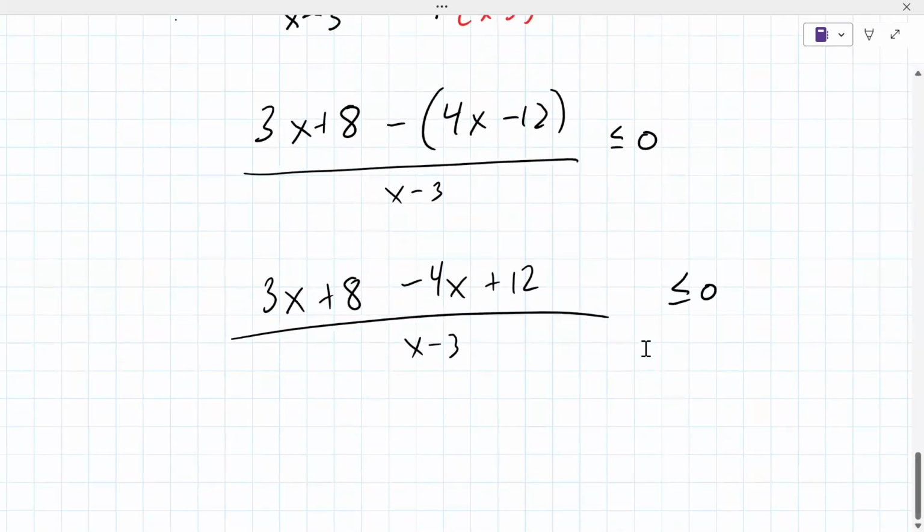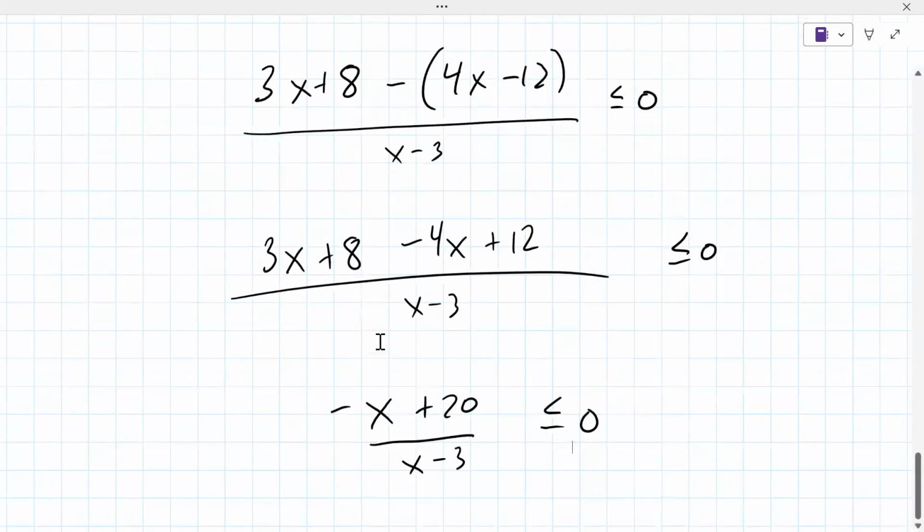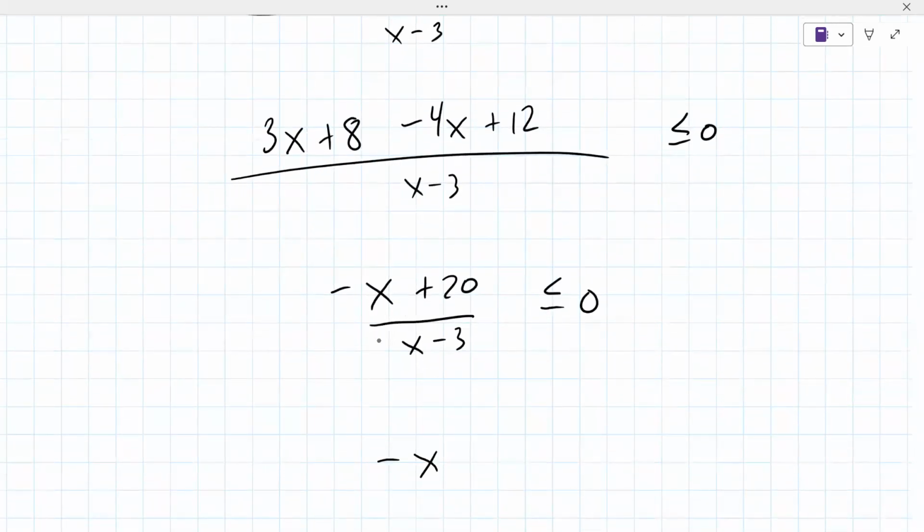Then you combine like terms, so you end up getting -x plus 20 over x minus 3. Then you set the top equal to 0: -x plus 20 equals 0, and you end up getting x equal to 20.